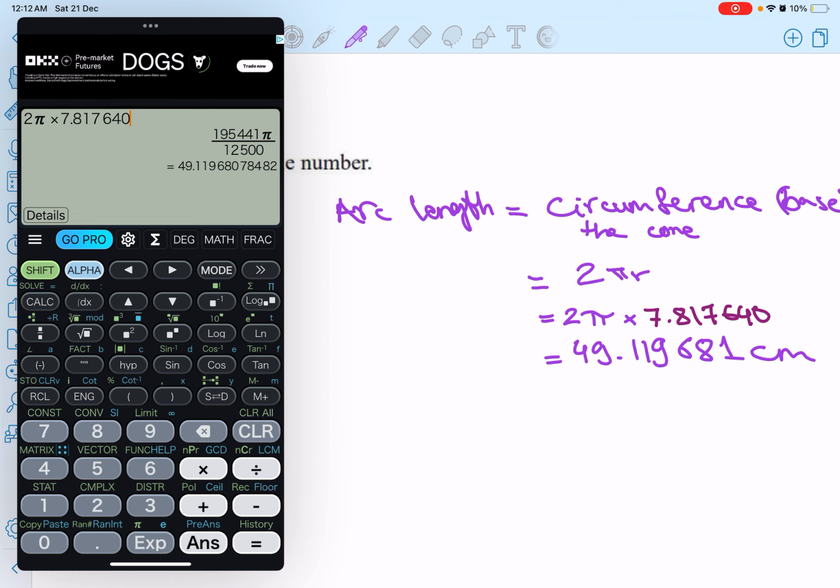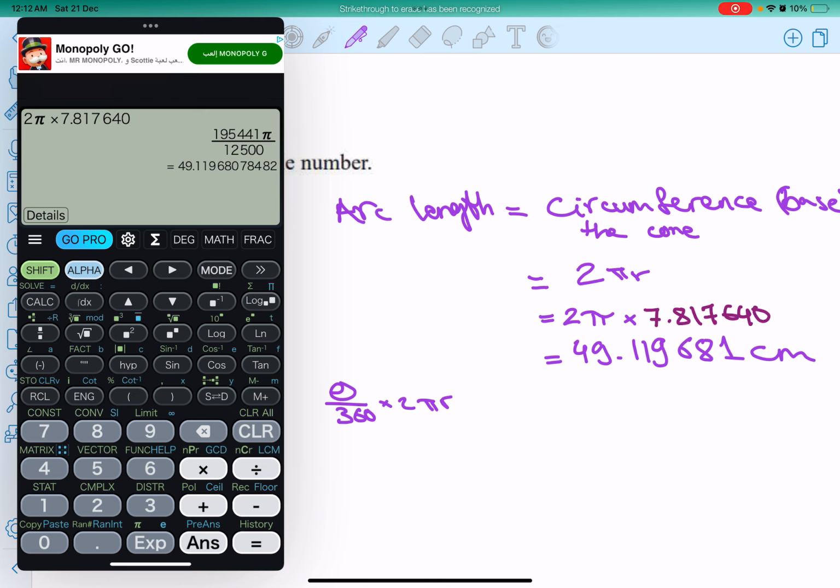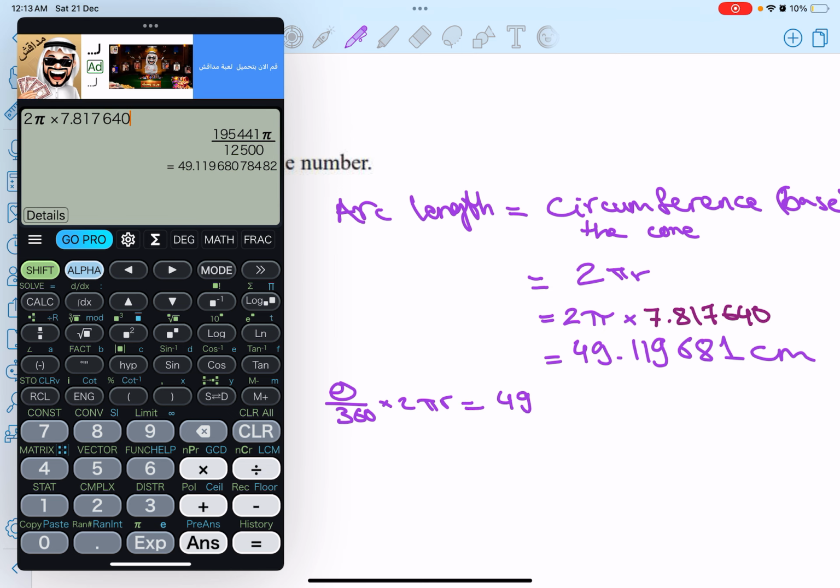So I can just substitute into the equation of theta over 360 times 2 pi r. No, my bad. 2 pi r is equal to this 49.119681.